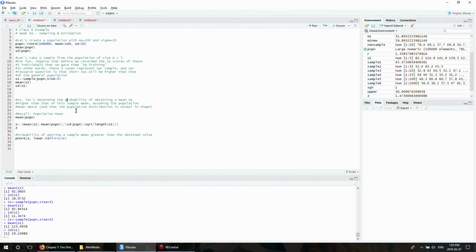So now we want to determine the probability of obtaining a mean IQ higher than this sample mean. So what's the likelihood we would have got a sample as big or larger than this?